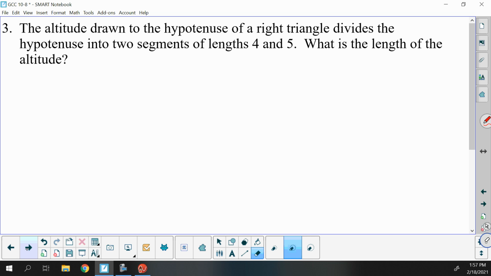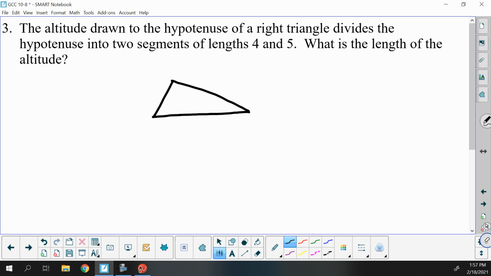So altitude is drawn to a hypotenuse of a right triangle. So again, when you draw it, draw one of them steep and the other one kind of shallow. That'll make it easier to tell the long legs and short legs.